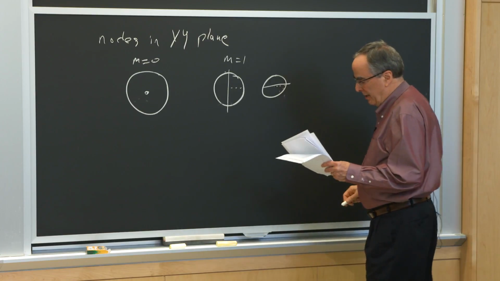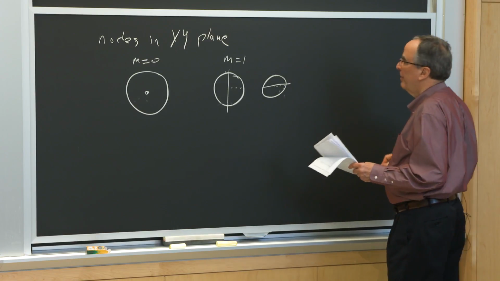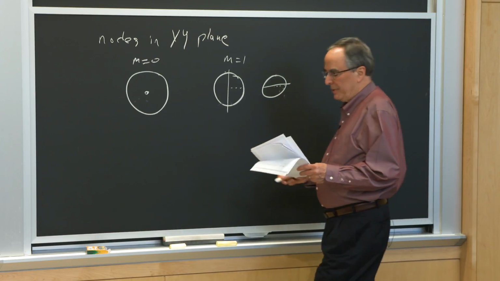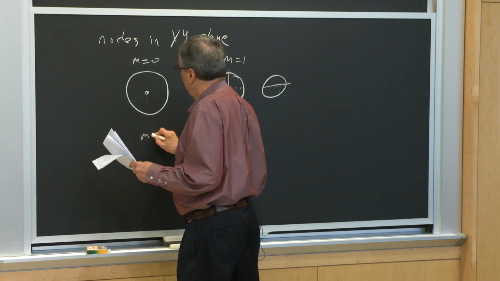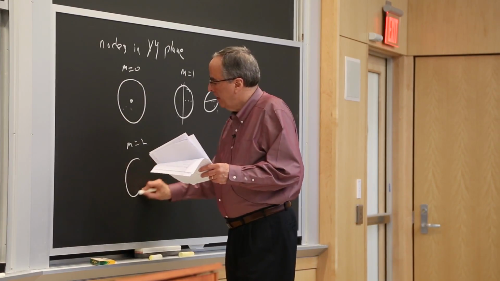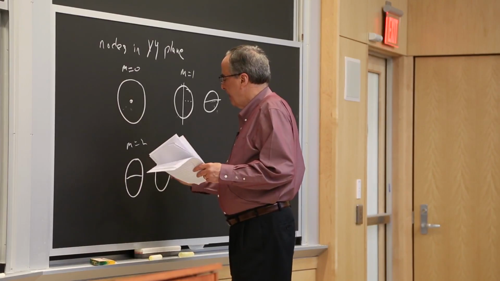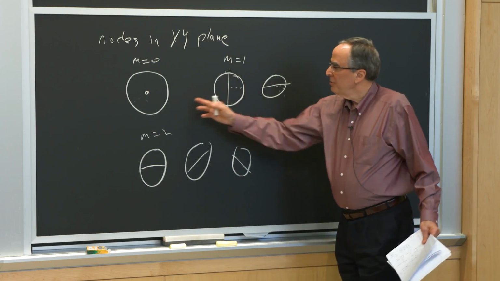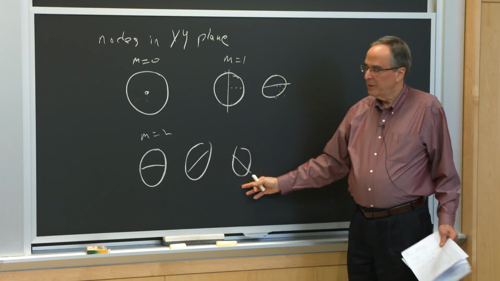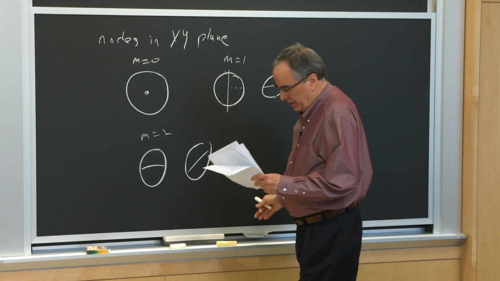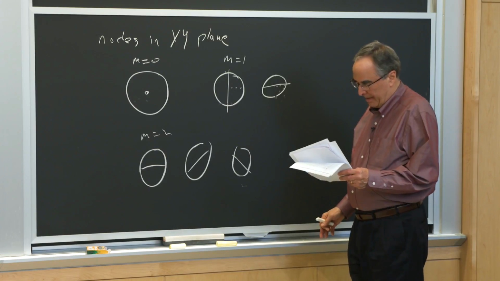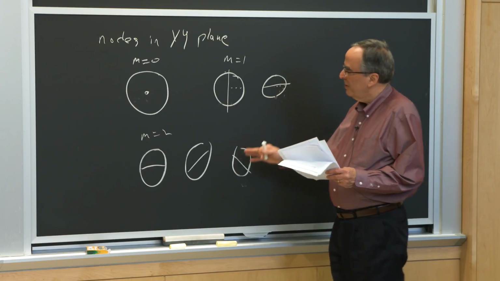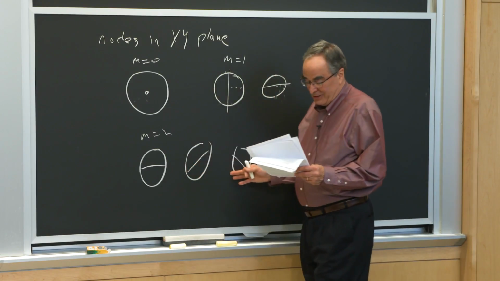And then we could also have m equals 2. We could have this and this and that. No nodes, one node, two nodes. I'm sorry, yeah. What am I doing here? This is one node.